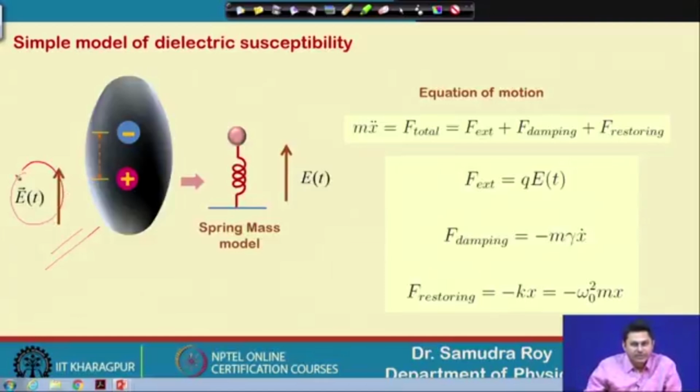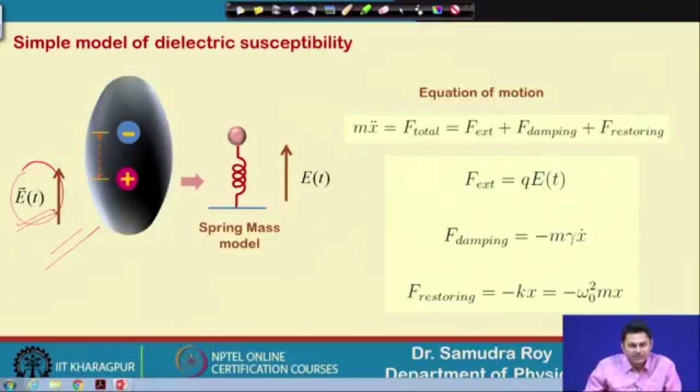Because of the application of the electric field, the electron cloud will shift, and this shifting leads to some kind of dielectric. Dielectric means the separation of charge, and this separation of charge will oscillate if the launched electric field, which is a function of time, has some frequency, say omega.